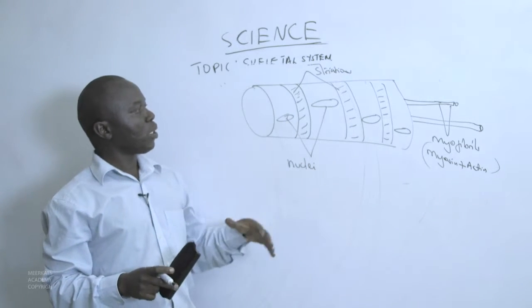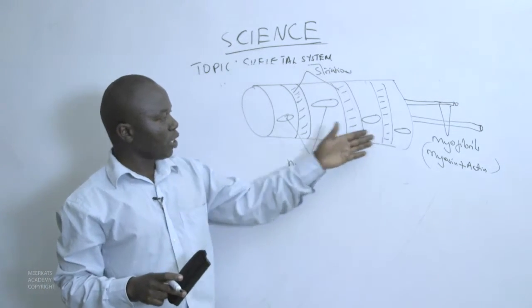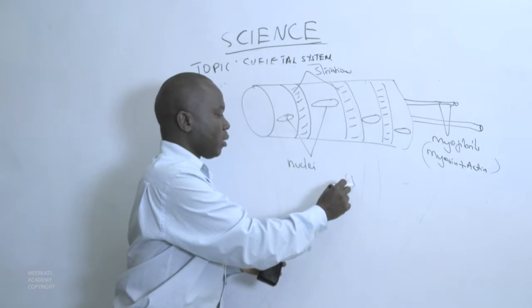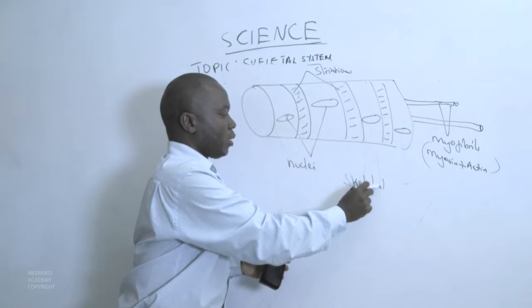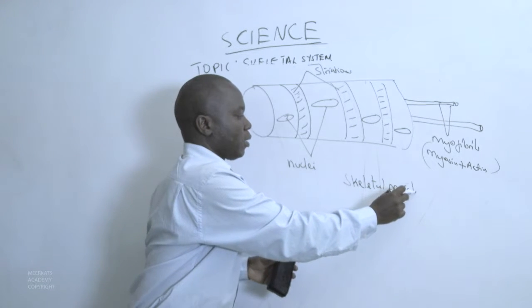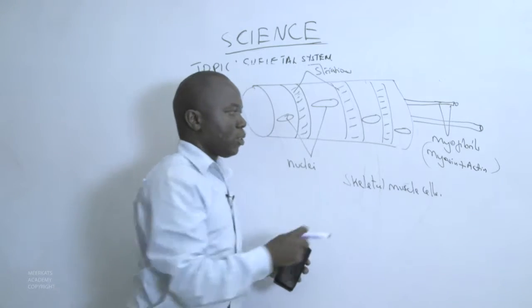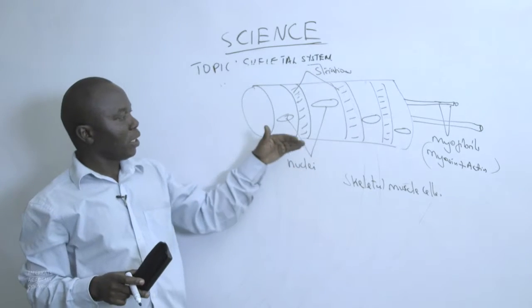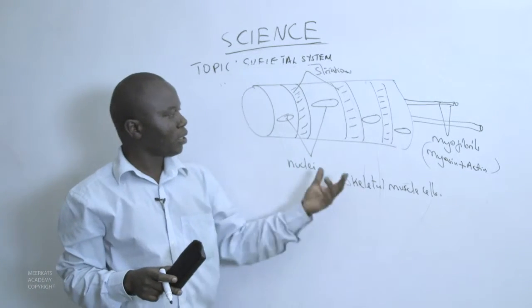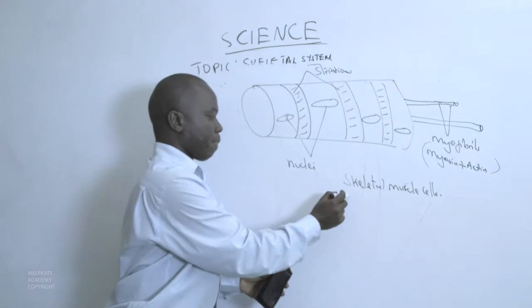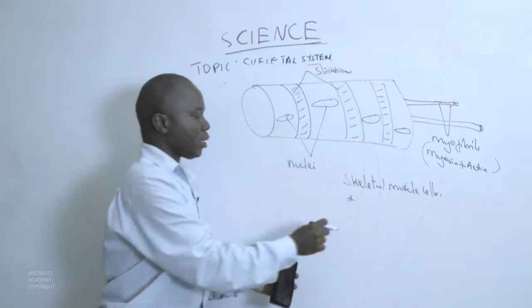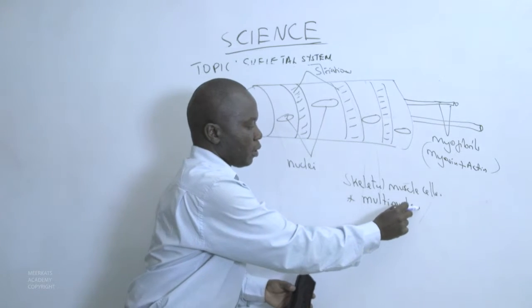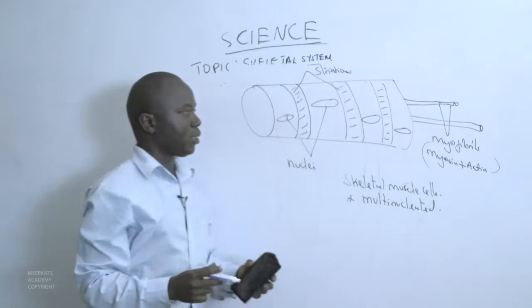But the striation usually spreads the wave of contraction throughout the skeletal muscle cells. So in essence, we can give properties of skeletal muscle cells just from this diagram. One of the very important ones is that it is multinucleated.